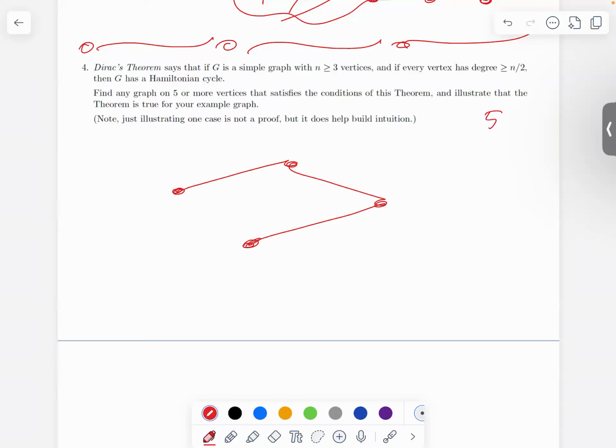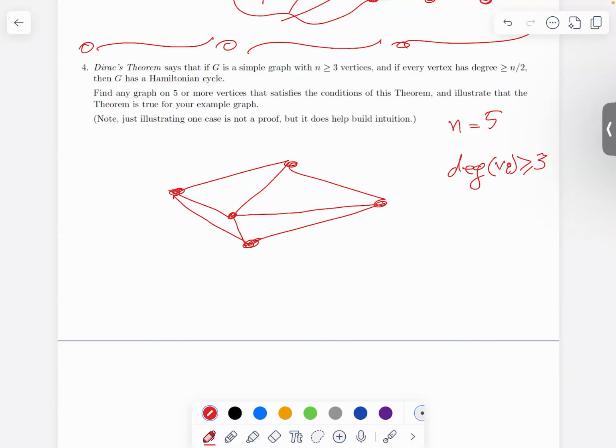Okay, 5 vertices, so n is equal to 5, and the question is asking us to create such a graph such that the degree of those 5 vertices has to be more than half of 5. 2.5 can't be a number, but it has to be 3. So let's see what happens. 1, 2, 3.